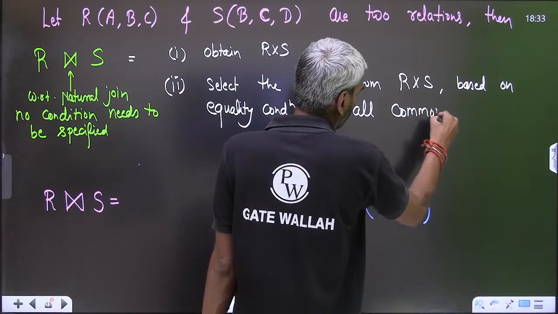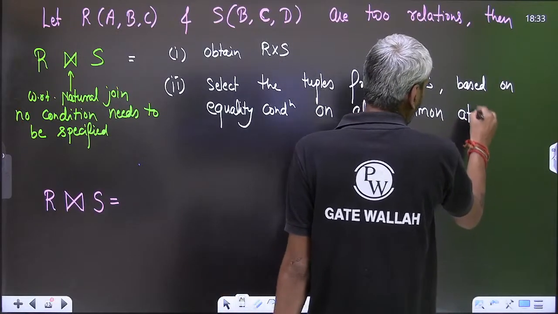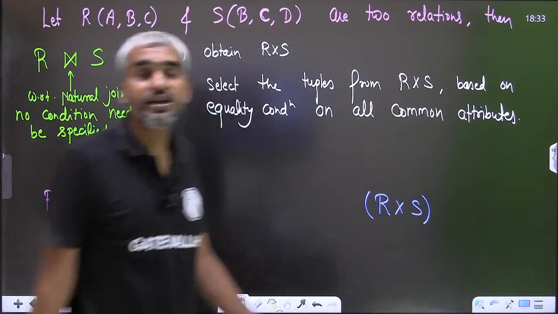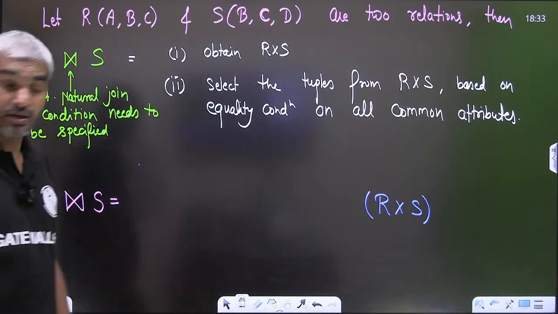It may be the case that there is more than one common attribute. It may also be the case that there are no common attributes.